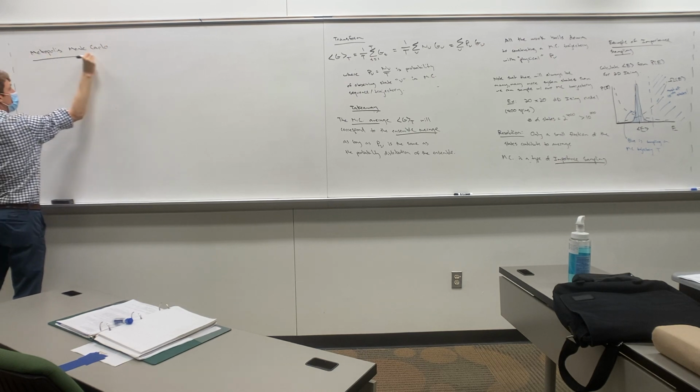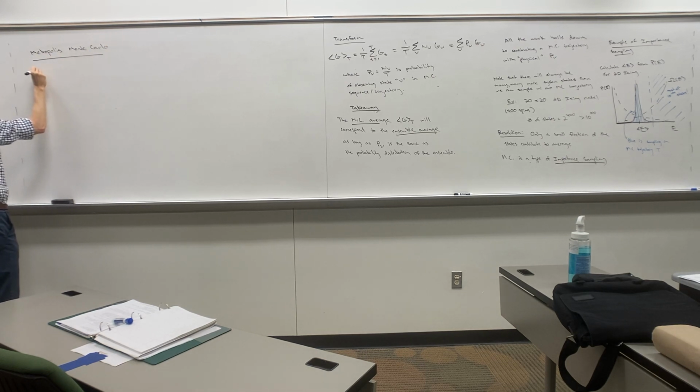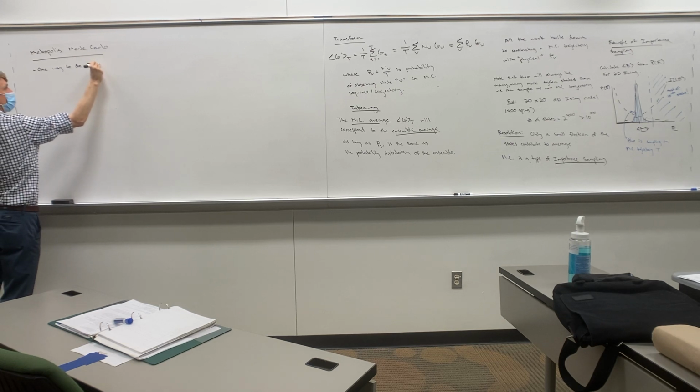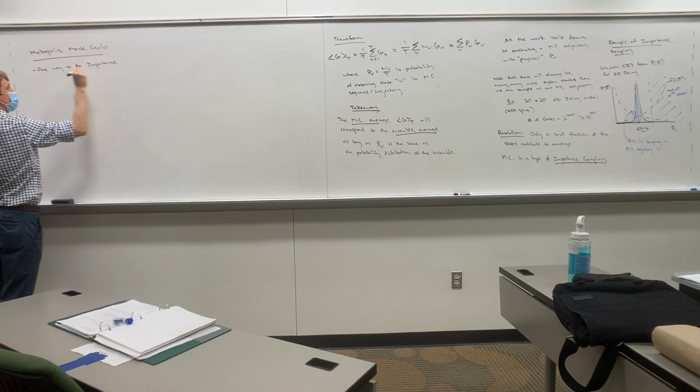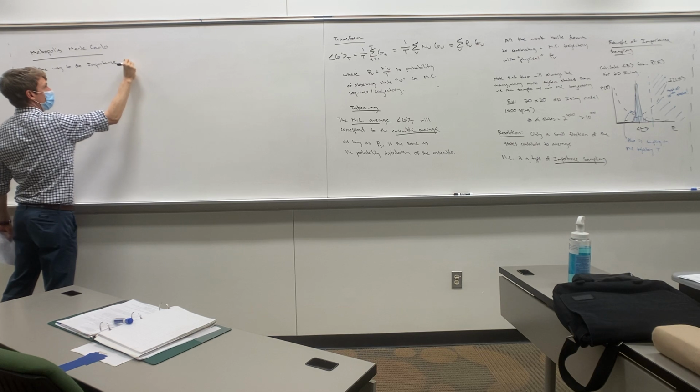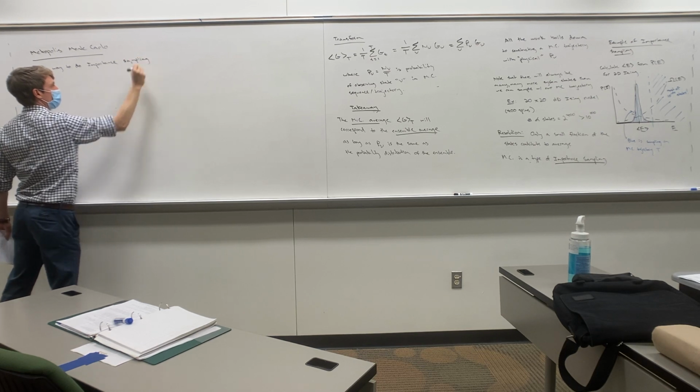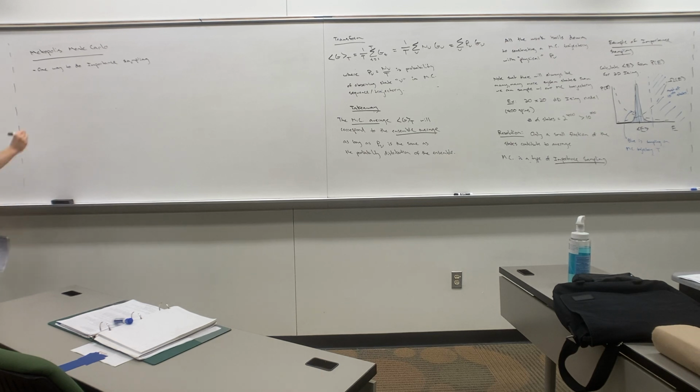Okay, so this is one way to do importance sampling. Not the only way. It may be the best, it may not be the best. It's the most common way because it's simple.